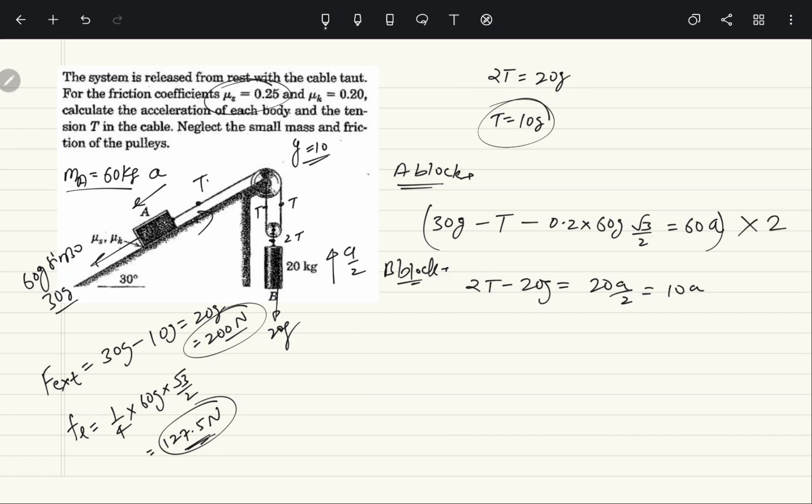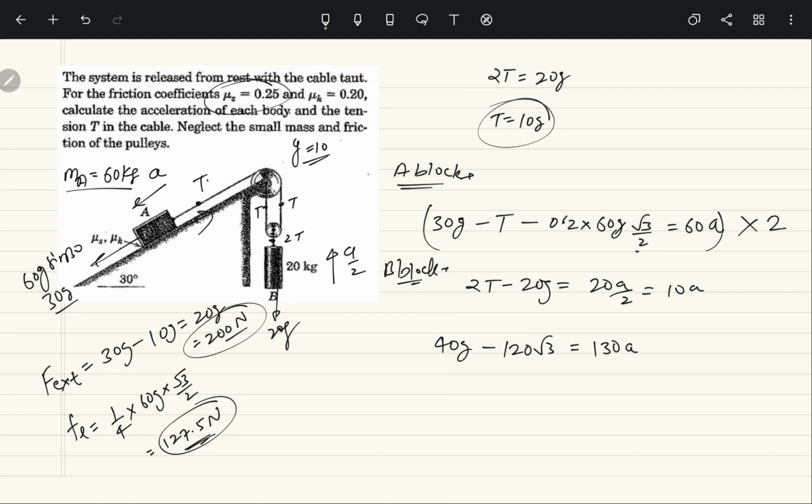When we multiply this equation by 2 and add these two equations, we get 60G minus 20G, so we get 40G. Here the 2T will be cancelled, so here we are getting 120 root 3 on one side, and it will be 120 plus 10, which is 130a.